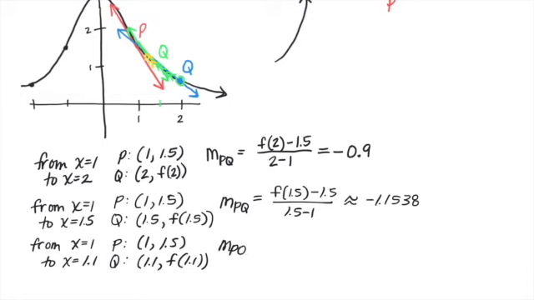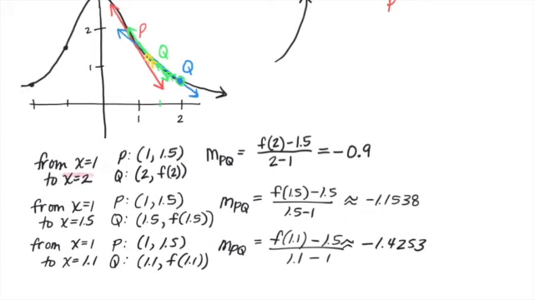And our slope of PQ is f of 1.1 minus 1.5 divided by 1.1 minus 1. And that works out to be approximately negative 1.4253.